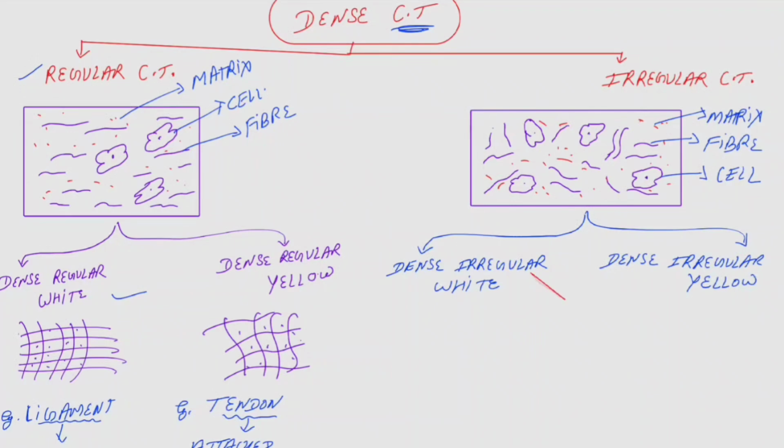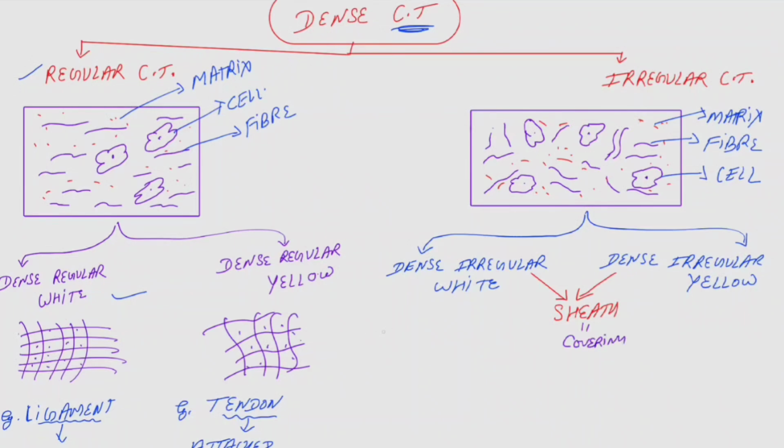Both form a protection layer, and both form a covering. These are sheaths. Examples of dense irregular white. Sheath means covering.